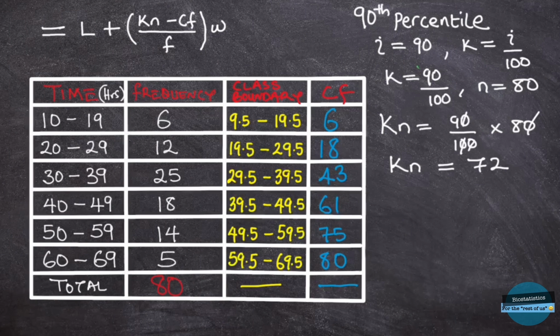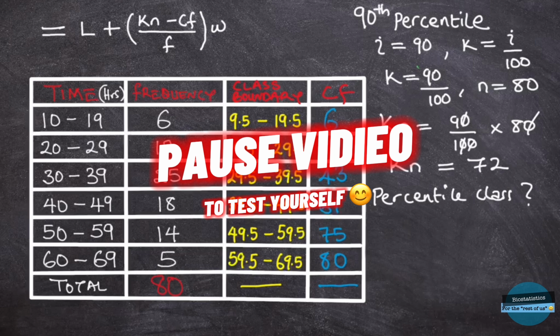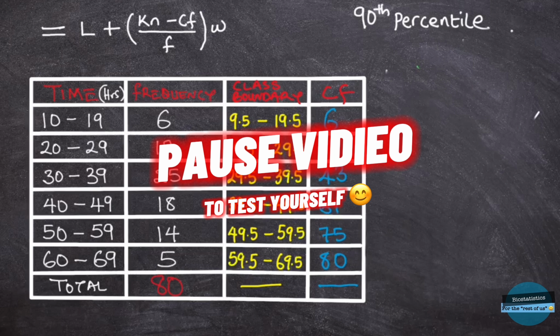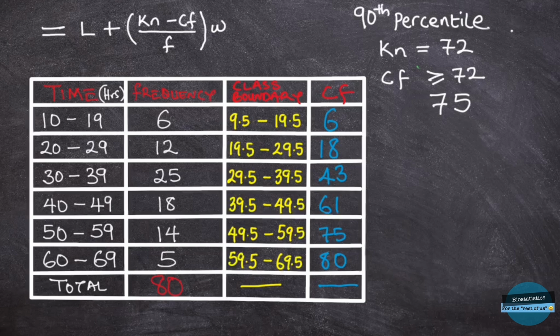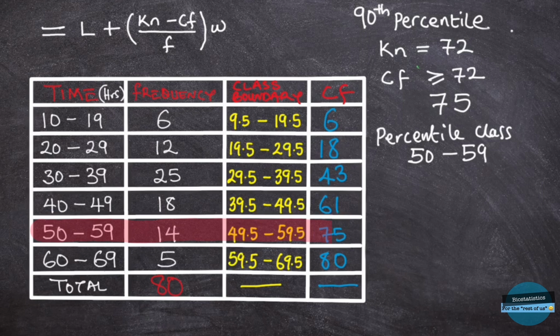So our percentile class will be, now pause the video here and see if you can get it. Well, I'm sure you got it right. All right, nice. The cumulative frequency just greater than or equal to 72 is 75. So our percentile class is here. That's the class of 50 to 59.